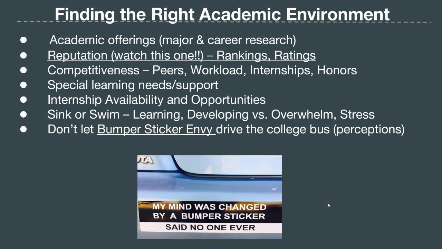However, we would not recommend using that alone as the driving force for putting your college list together. That should be a starting point so you can find the characteristics of those colleges and then try to find other colleges with similar characteristics minus the ratings and rankings.